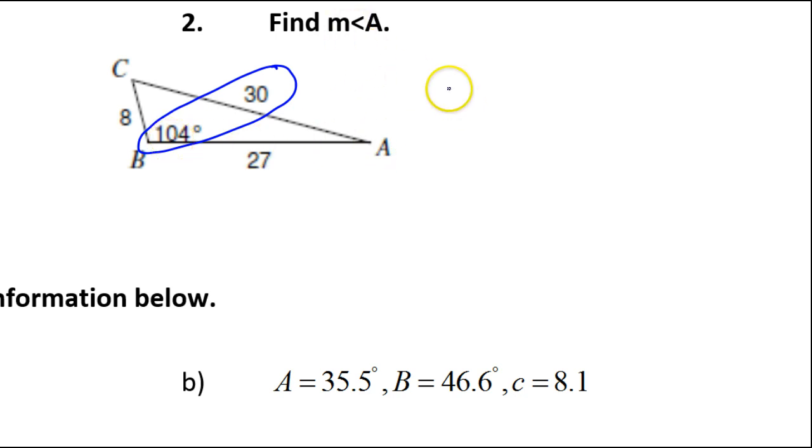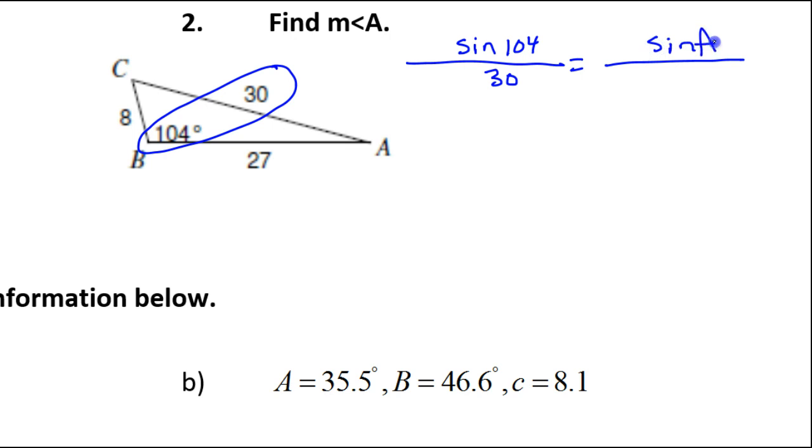So I'm going to say the sine of 104 over 30 is equal to the sine of angle A over 8.